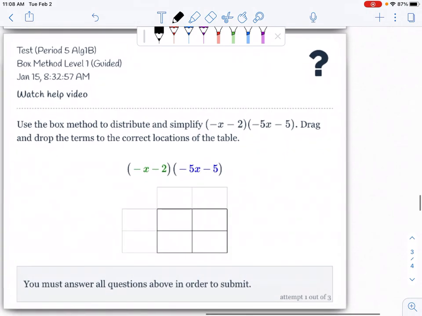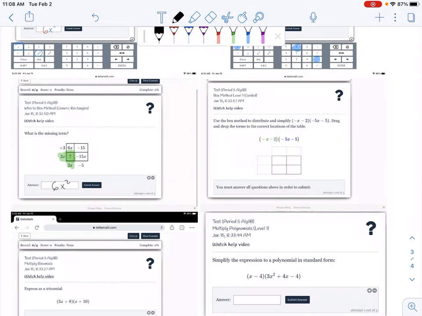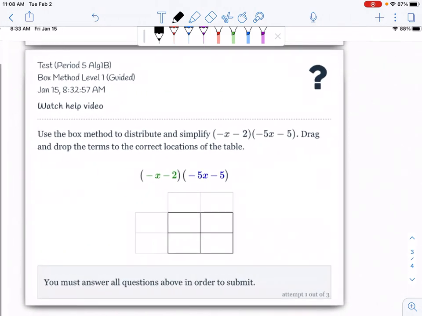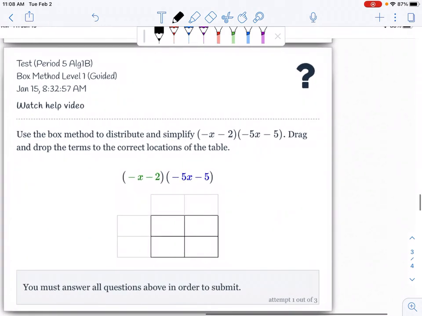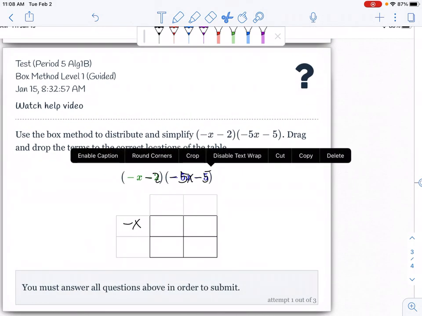Okay, and then you're going to be given these. Use the box method to distribute and simplify. And what you have to do here is it's going to go in order, but you'll be given negative x minus 2 and negative 5x minus 5. And you're actually going to be able to, with your mouse, grab the number and move it down and put it where it belongs.